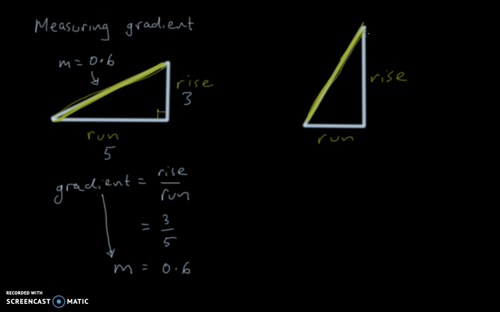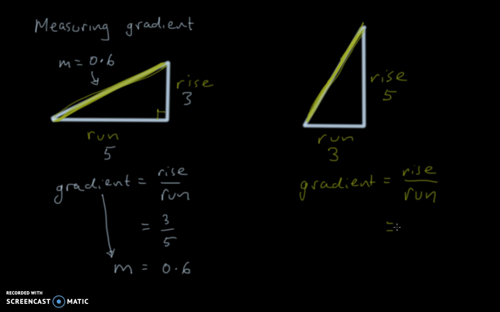Now the next one, let's say this one here has a rise which is a little bit higher. Let's say it's 5. And let's say the run is 3. So in other words, it's the other way around. Well, you'll do exactly the same thing. Gradient is always the vertical distance, which is your rise, divided by your horizontal distance, your run.